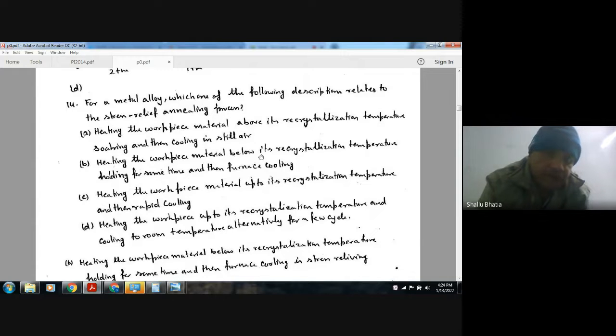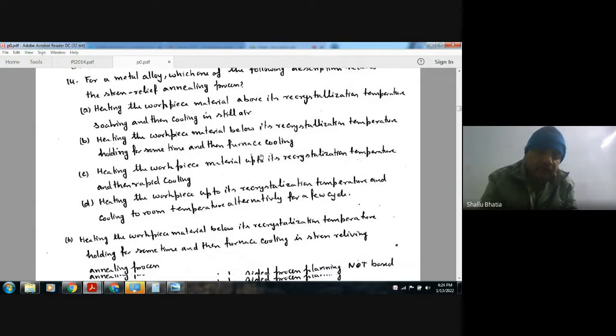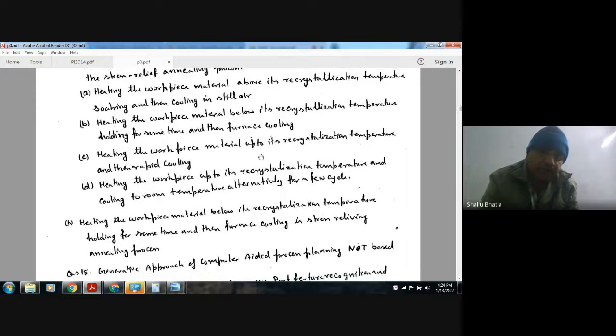C, heating the workpiece material up to recrystallization temperature and then rapid cooling. Option D, heating the workpiece up to its recrystallization temperature and cooling to room temperature.